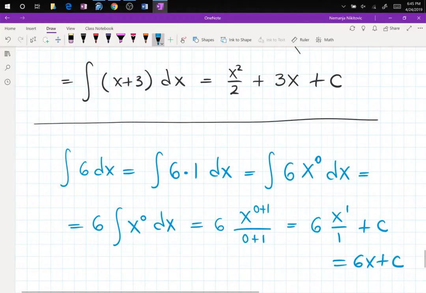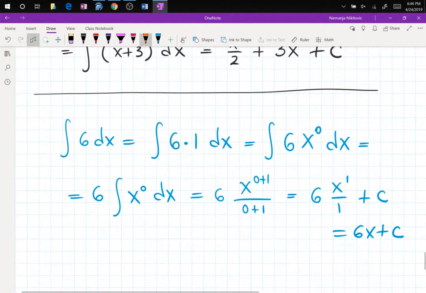Bueno? Now, clearly, you guys will go directly to this, right? You will not use any of these steps. You will just know that when you are integrating a number, you just pick up a variable. Why?